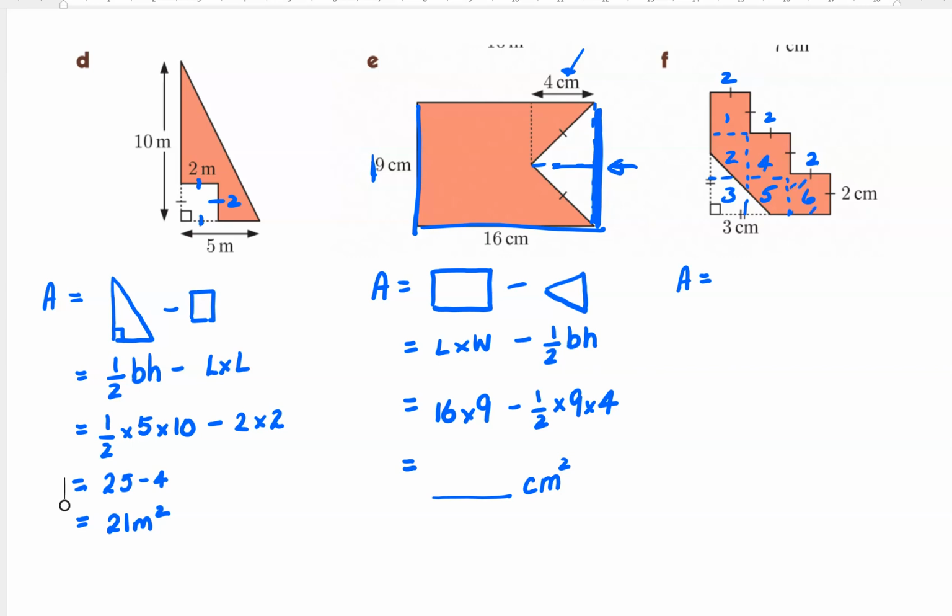So I'm going to say that that's going to be 6 lots of 4 centimeters squared, because each little square there, 2 by 2, is 4 square centimeters. And then I'm going to subtract the triangle that we have.